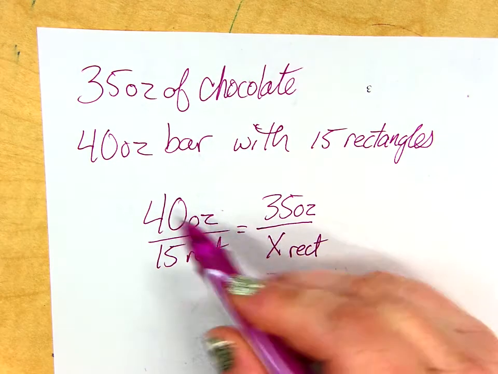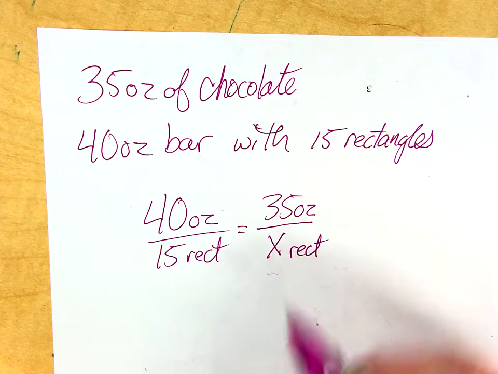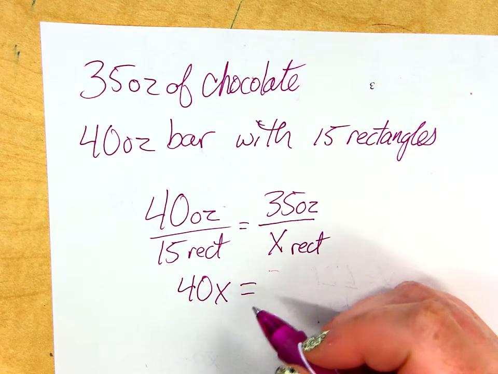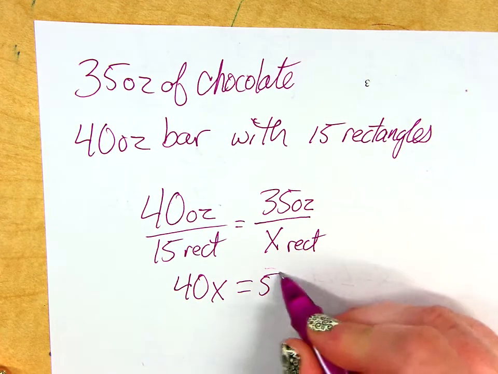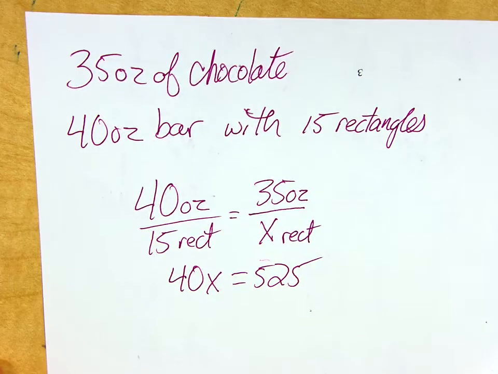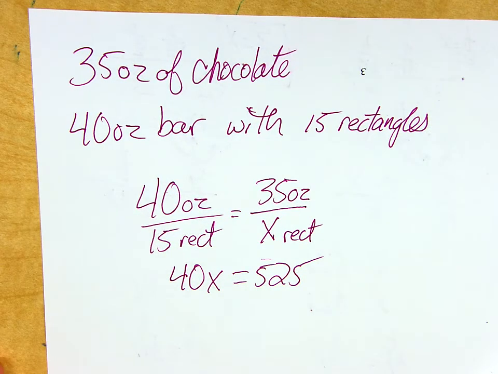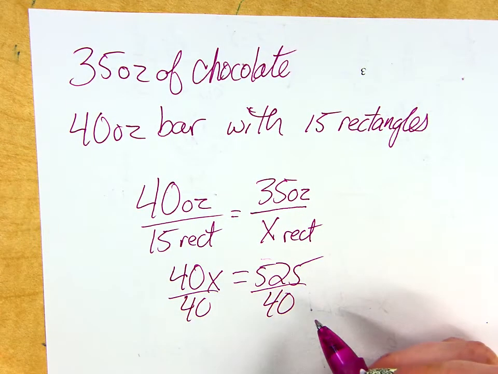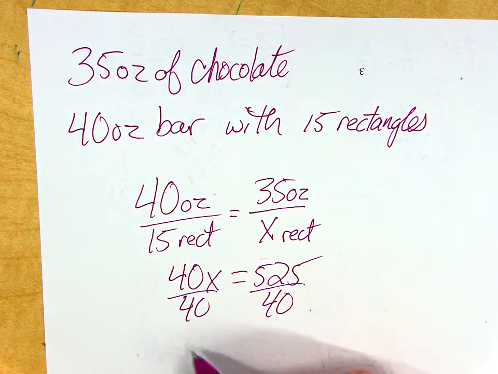Let's see. So when I multiply those diagonals, 40 times x is just 40x. And then 15 times 35, I got 525 for that. Right? And then divide by 40. So I get 13.125.